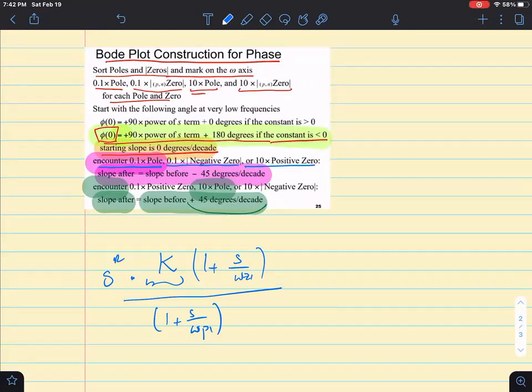Okay, the k and s to the n determine phi of 0.